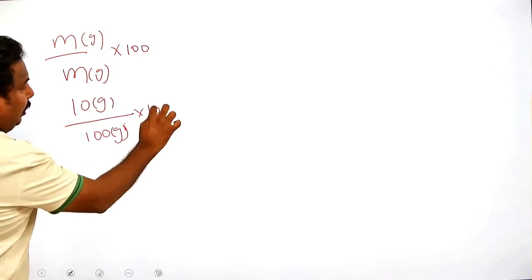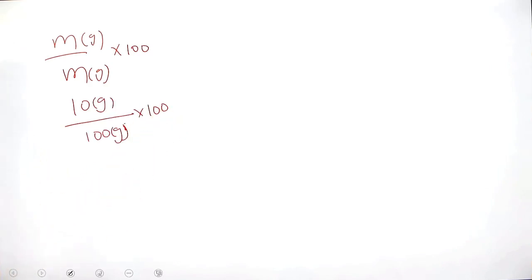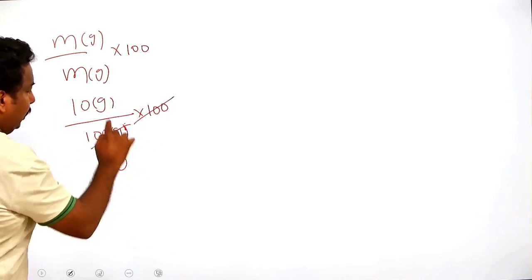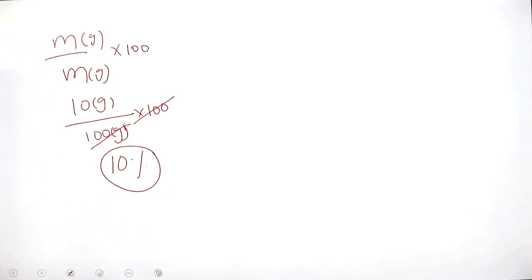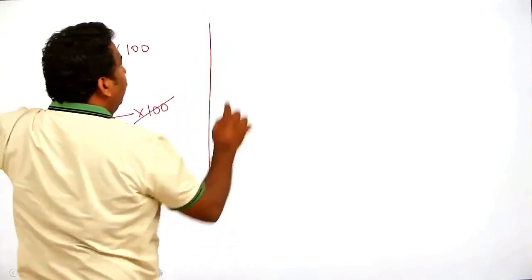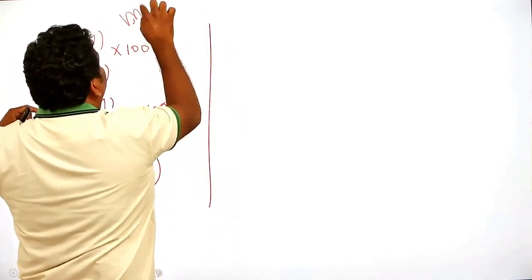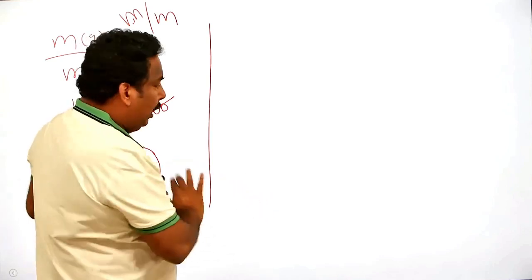We multiplied by 100 because to tell glucose percentage. These both are cancelled and these grams will be converted into 10% of solution. Over. Clear? This includes solute plus solvent. This is mass by mass.